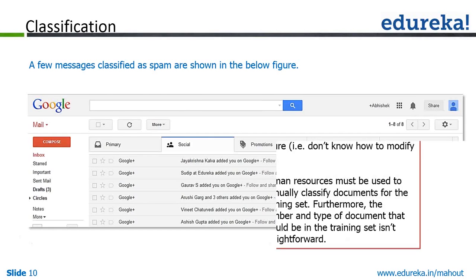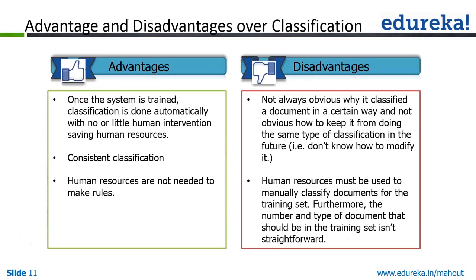So, the advantages and disadvantages. Among the advantages, the classification is done automatically. Once you have the data, you put a learning algorithm in place, and the algorithm learns based on the data. Then you use some of the data to test that model, and once your model is ready, you are ready. There is very little to do from your side, and it is consistent in the classification. There are certain performance metrics which we will see today.